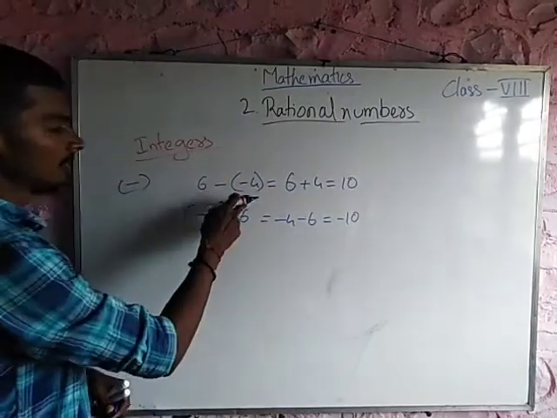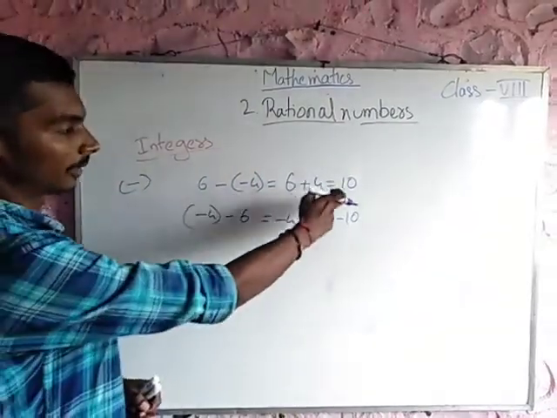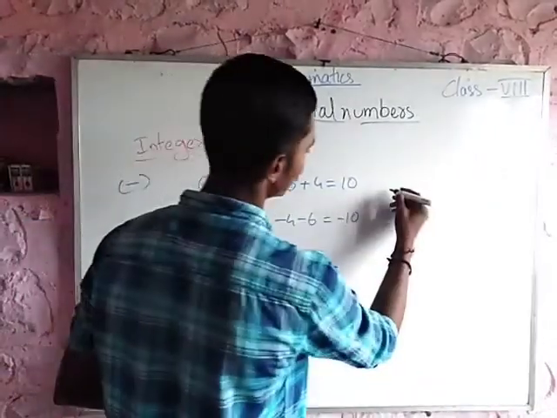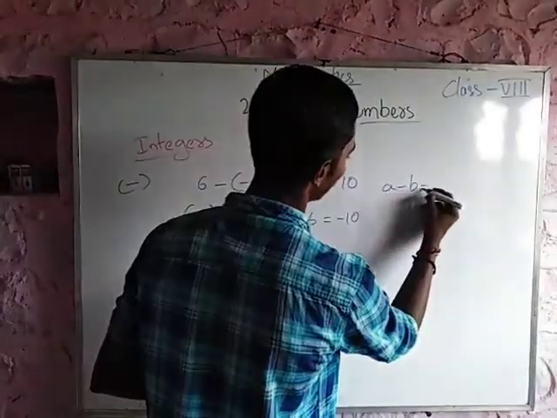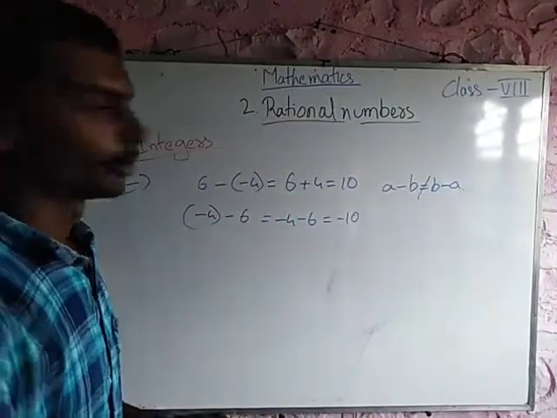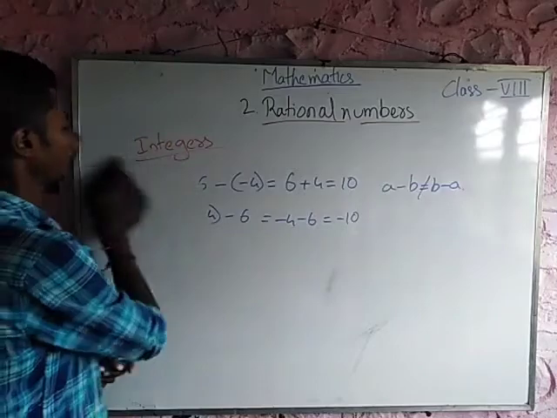See, this is one way, that is a minus b, I got some result, and if I do b minus a, I got some other result. So a minus b is not equal to b minus a, so integers are not commutative under subtraction.